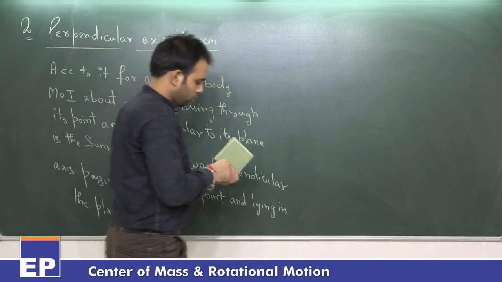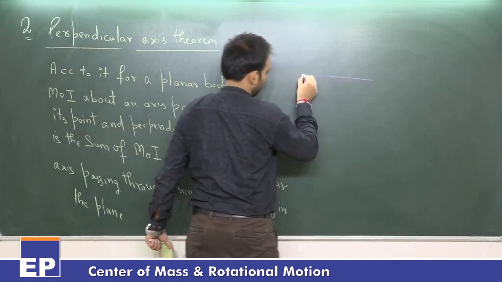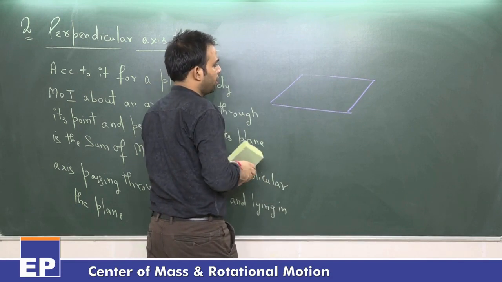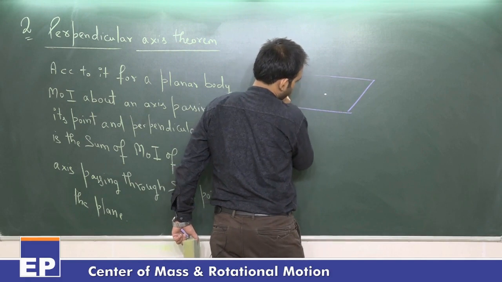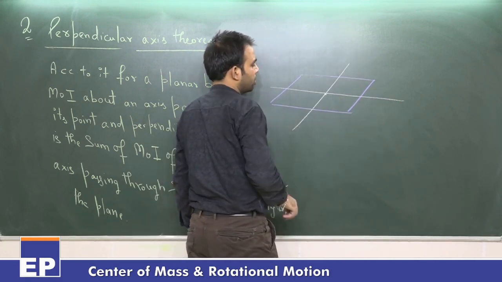देखो इसका क्या मतलब है. Let's suppose this is the body and this is the point. One of the axes is passing through it and this is another axis.